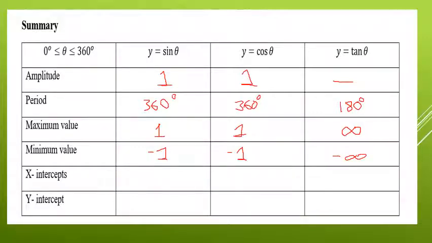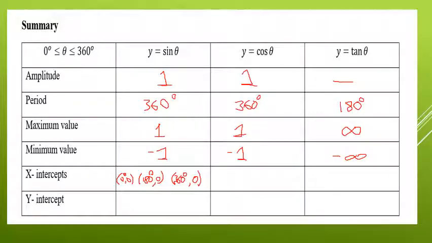Right, the x-intercepts for the sine graph, we have them at 0, 0. The next one was at 180, 0, or 180 degrees if you want to be more accurate. So 0 degrees. And the last one at 360 degrees, 0.